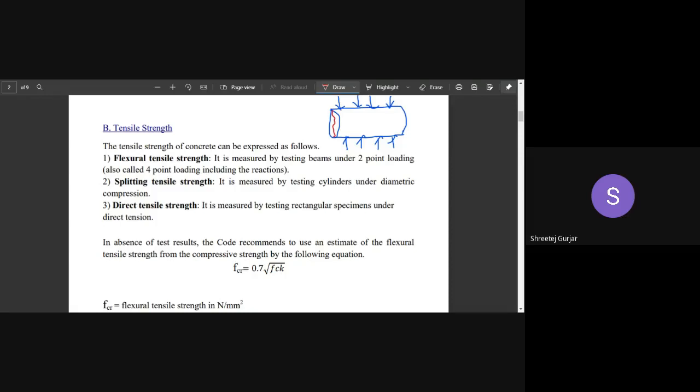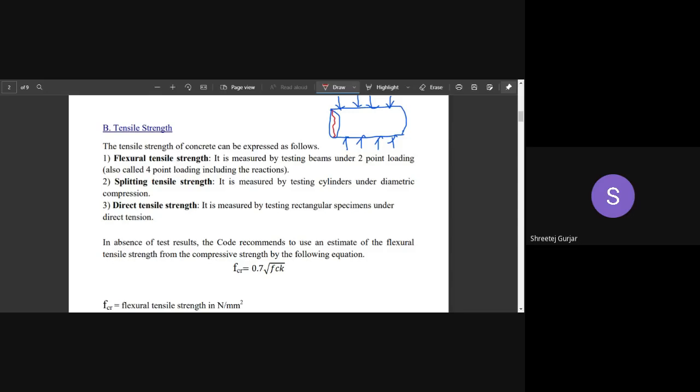If there are no test results with you, the code recommends using an estimate of the flexural tensile strength from the compressive strength by the following equation. If you have your FCK value, you can determine your flexural tensile strength by using the following formula.